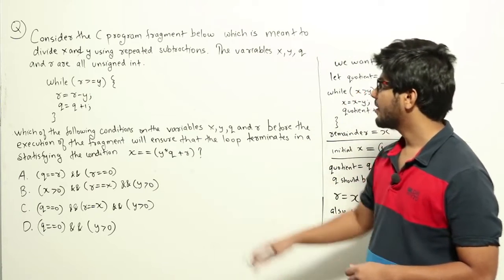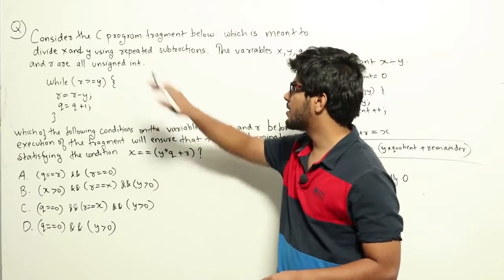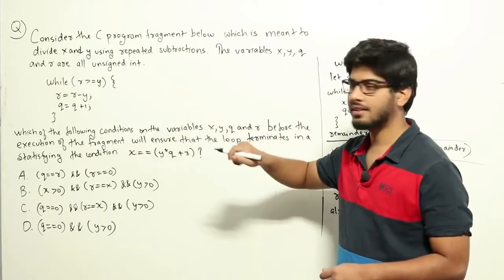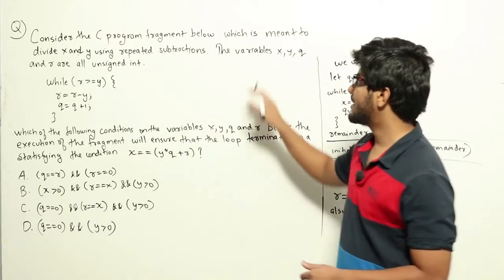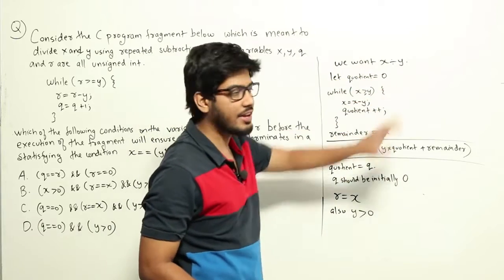Now this is the code fragment given to us in order to do x divided by y using repeated subtraction. So I'll show you how to do that. What we want is to do x divided by y.